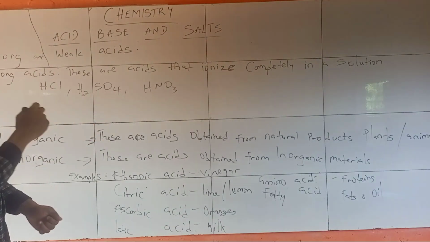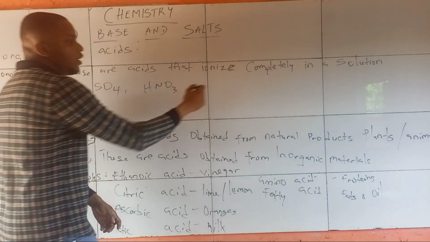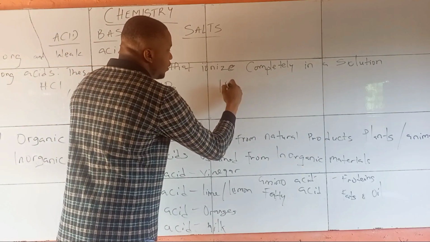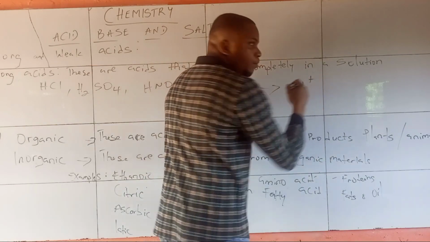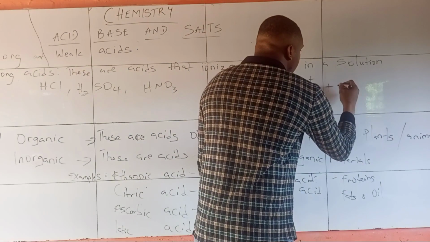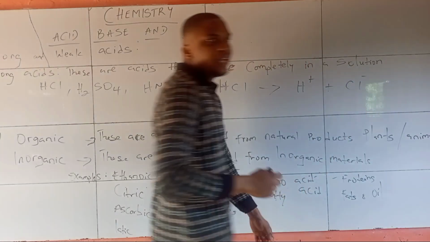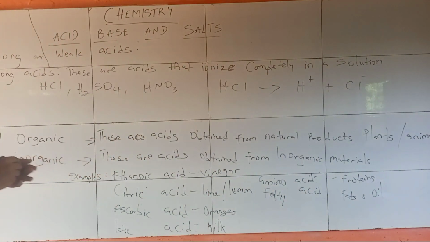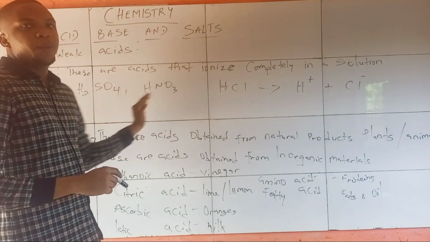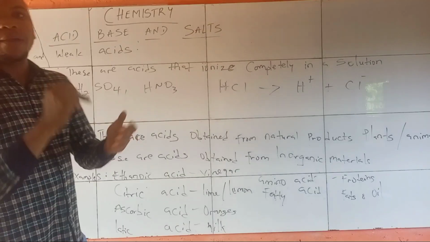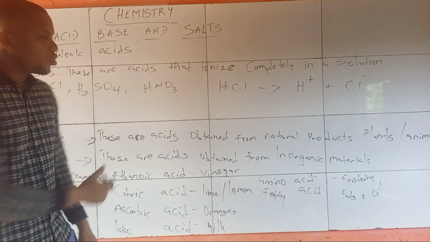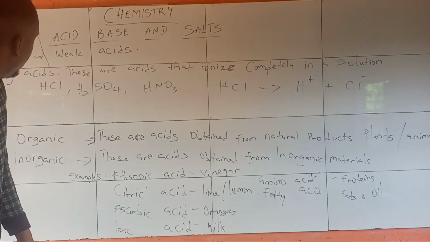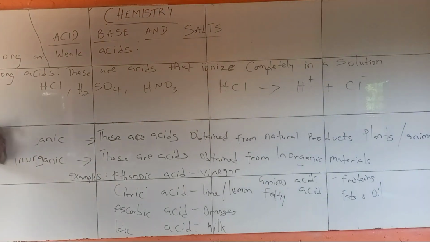Ionization of hydrogen ion. Let's say your HCl. If you break down your HCl, this will give us what? Hydrogen ion positive plus chlorine ion negative. I'm following. Acid that ionizes completely in a solution are referred to as what? Strong acid. Let's proceed further.